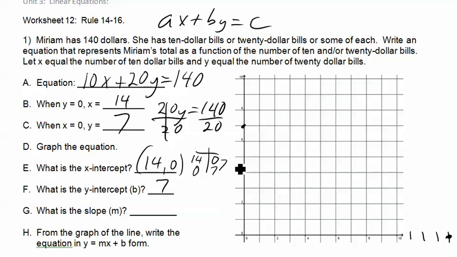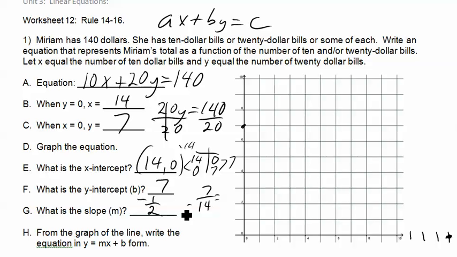So this goes up by 7, and this goes down by 14. Change in y over change in x is 7 over negative 14. And divide both of those by 7. So my slope is negative 1/2.